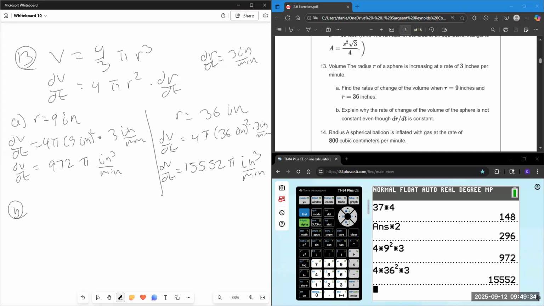So looking at my formula here, dV/dt is equal to 4 pi, and say dr/dt is a constant that I'm just going to call c, times r squared, and r and t are my only variables. 4 pi c is a constant of proportionality that I can call k. So that makes dV/dt directly proportional to r squared.